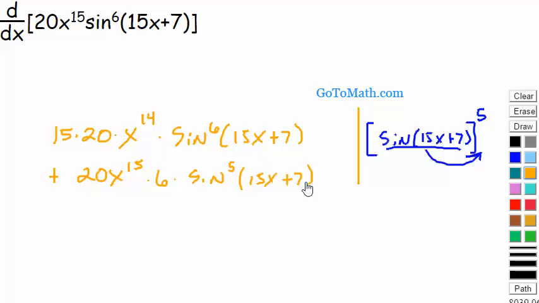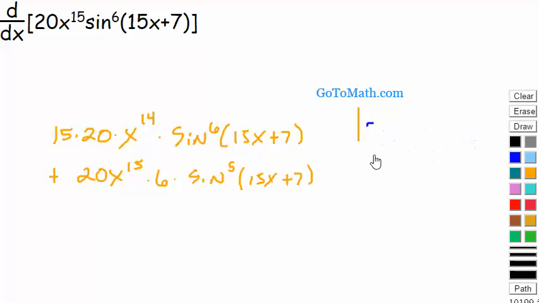Not only that, we've run out of room. Let me just erase that. Alright, so we take the derivative of sine, and that's going to be cosine of 15x plus 7. And now we're going to take the derivative of what's in these parentheses and bring it out, and that's just going to be a 15. That'll just be a 15 there.